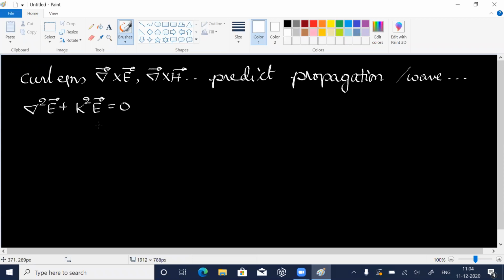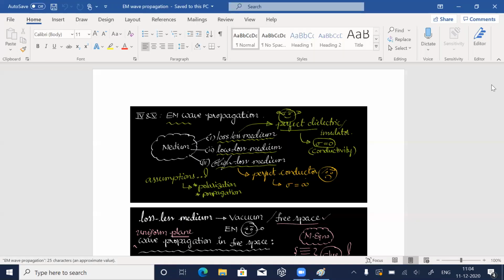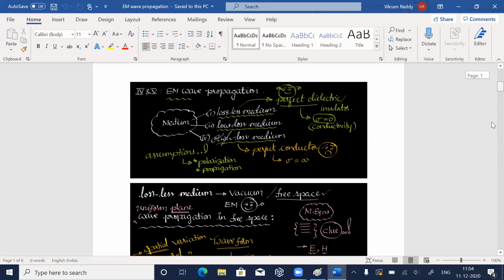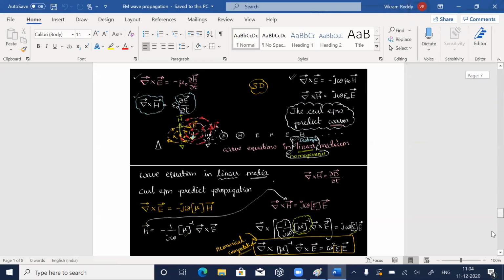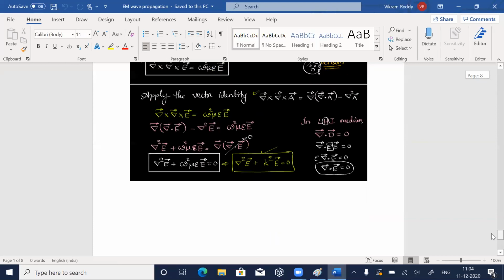Did we complete this? No, sir. Are you sure? Because I think I... No, sir, we did not complete that. Okay, but sir, you have explained spatial frequency and response. But are you seeing this document?